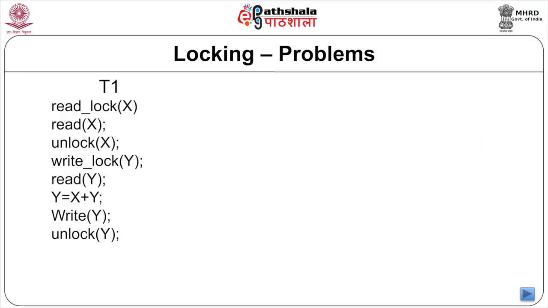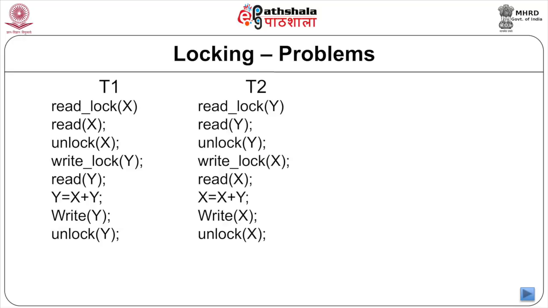Take this locking problem, take an example. Here is a transaction T1, it is acquiring a read lock on X, reading X and unlocking, and then it is acquiring a write lock on Y, reading Y and doing the execution, and after that it is writing on Y and unlocking Y. On the other hand, if we take the transaction T2, T2 is first acquiring a read lock on Y to read and unlock.